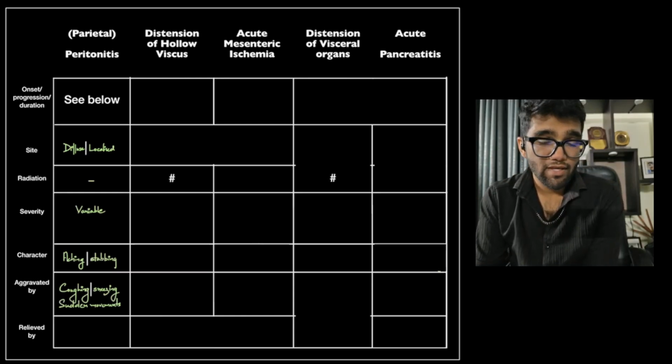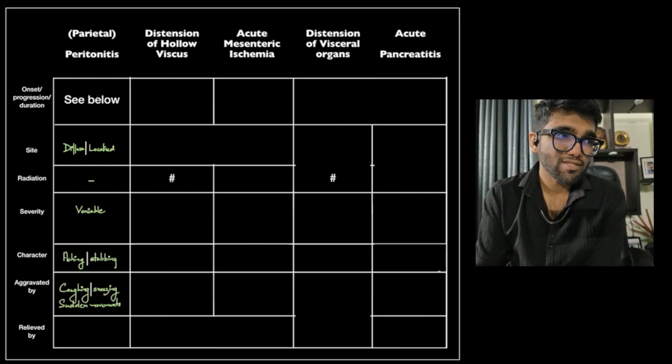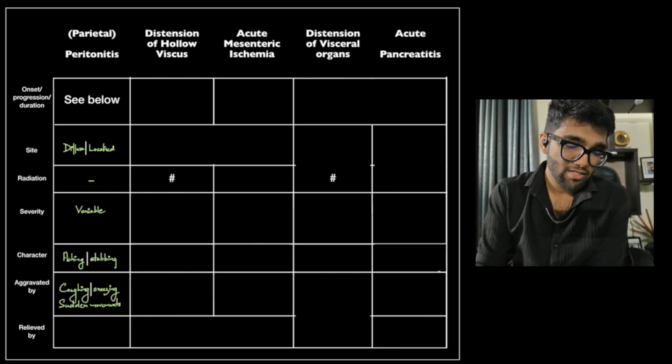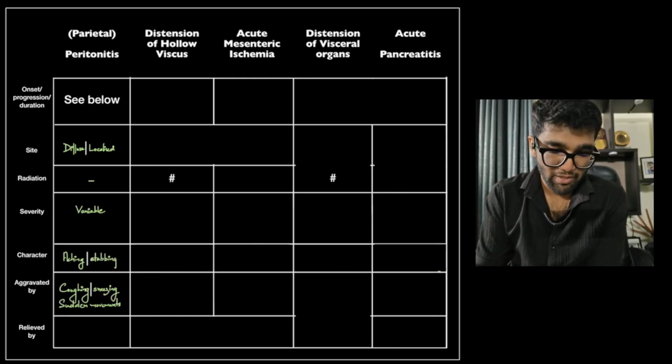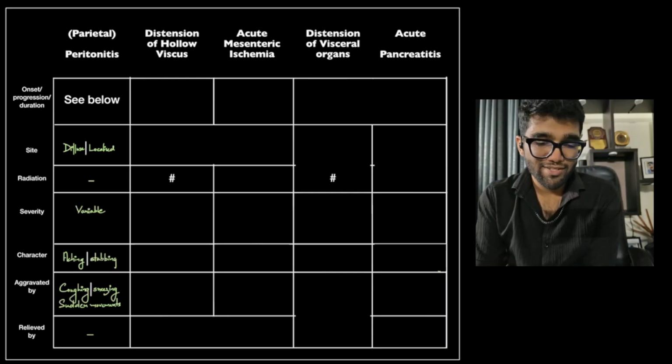Classically, this is described as pain when you just touch the bed of the patient, and just pushing the patient's bed itself causes severe pain to the patient. So it's something that's very specific for parietal peritoneal pain. There are no relieving factors, and actually nothing will relieve parietal peritoneal pain, and eventually it will necessitate surgical correction.